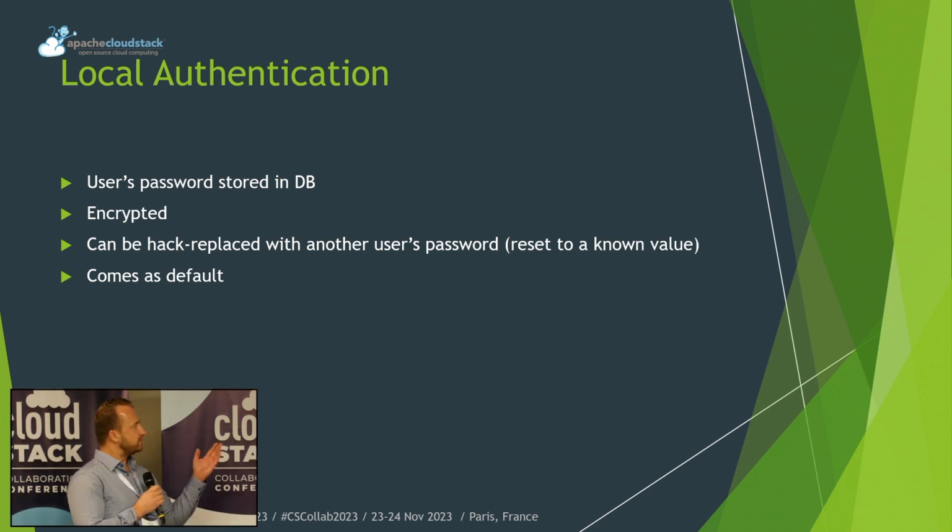So you can do what I would call a hack: generate a new user with a known password, copy the value which is encrypted, and paste it into the password field of your existing users so that they can actually log in after this upgrade, which is sometimes actually a migration from Cloud Platform to CloudStack. And as it says on the tin, it is the default authentication mechanism.